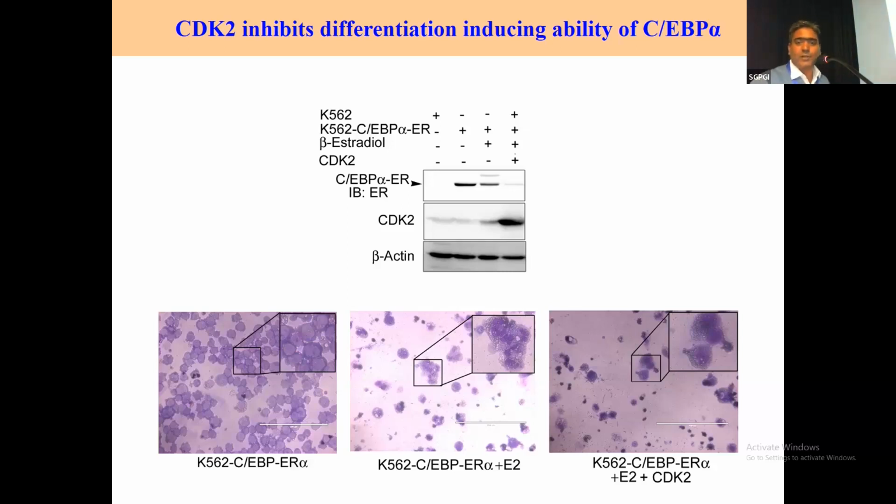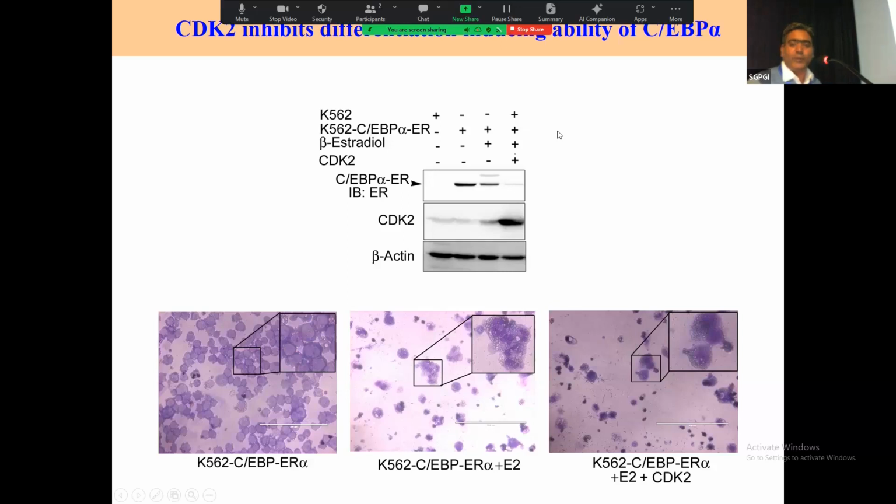In this system also we confirmed that when we overexpress CDK2, the degradation of this protein was much faster. In this condition, when we gave E2, these cells were differentiating. The image is not clear here, but without E2, most of the cells were blast-like in nature. With E2 they differentiated and took the neutrophil-like phenotype. And when we overexpress CDK2, again most of the cells were blast-like.